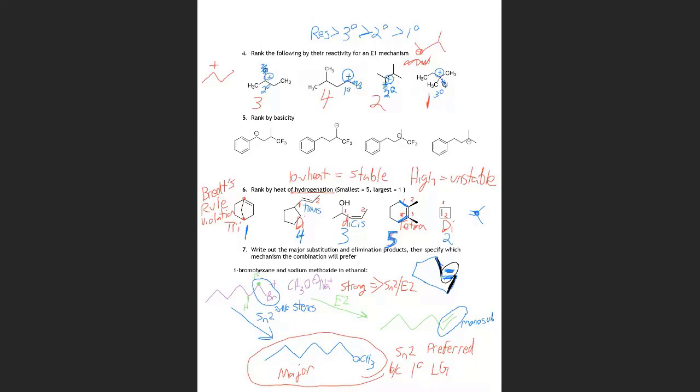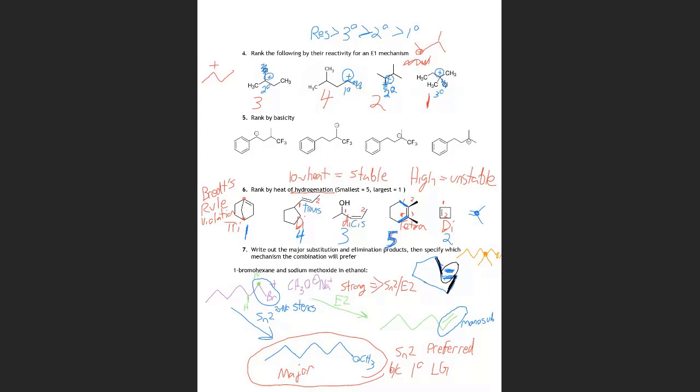Y'all have questions on this problem? If there was a quaternary carbon, it would be E2. I know we're changing the problem for this little example, but if we did not have that reactant, this would be a quaternary carbon.